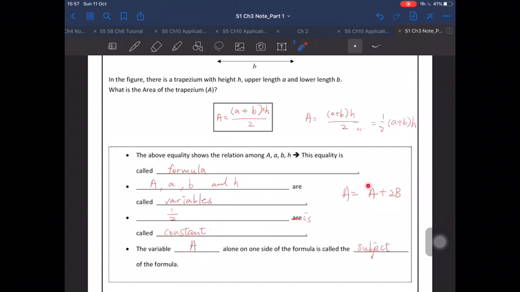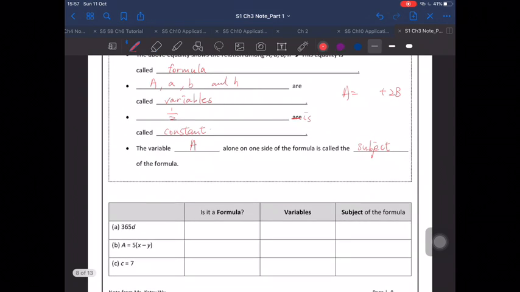It is because we will find the other side still has another capital letter A. So therefore, you have to make sure that there is only one A on the left side only. Then we will say this is the subject of the formula. If you find that the other side of the equal sign has an A too, then we will not call it the subject. Okay? You have to make sure there is only one A, then we call it the subject. So and then next.